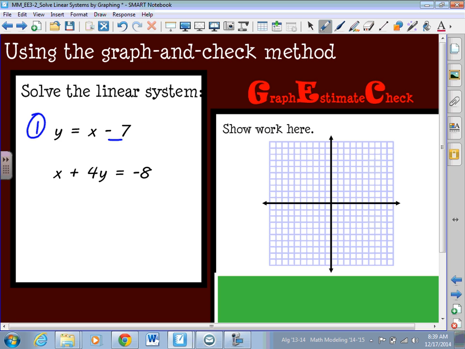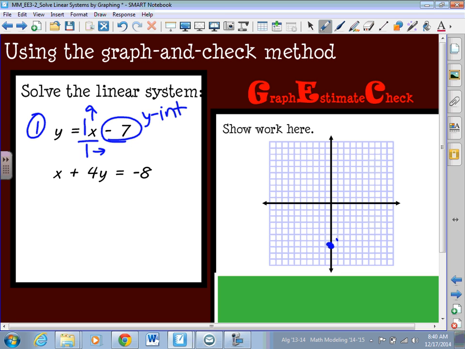Remember, my y-intercept here is -7. So when I graph, I'm going to go down 1, 2, 3, 4, 5, 6, 7 and place my dot. My slope, the number in front of the x, is really 1, and remember, we can write the slope as 1 over 1. So my directions are up 1 and to the right 1 from my y-intercept.